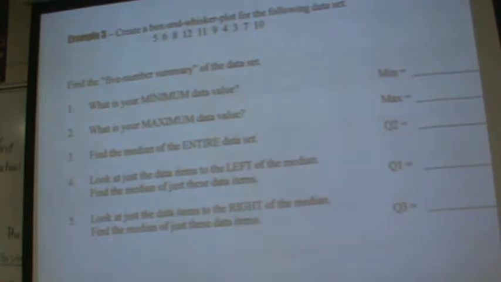So example 3, we're going to actually create a box and whisker plot with the following data set. As before, you want to make sure that your data set is in increasing value. So you have your lowest number and you go to your greatest number. So our lowest number in this set, we have a 3. And then we have a 4.